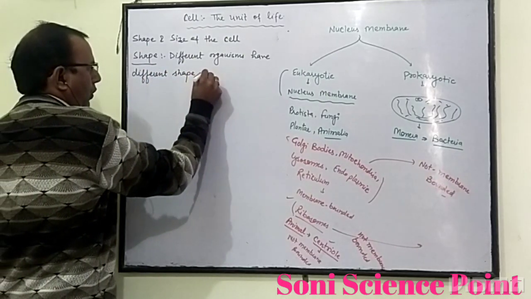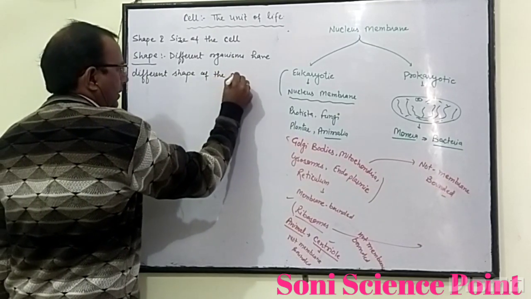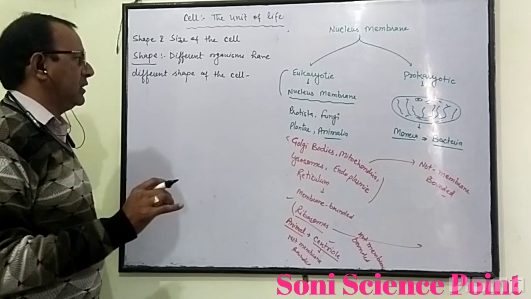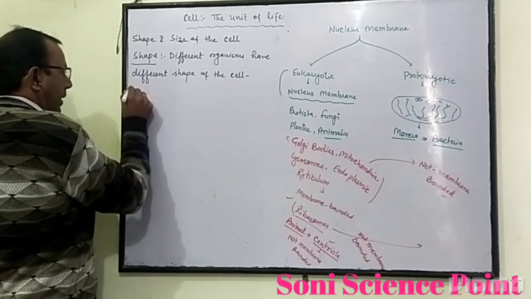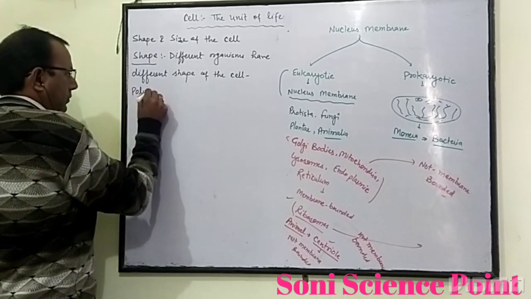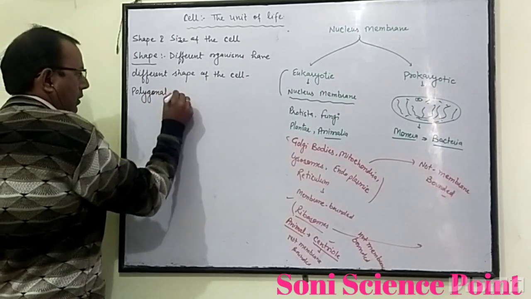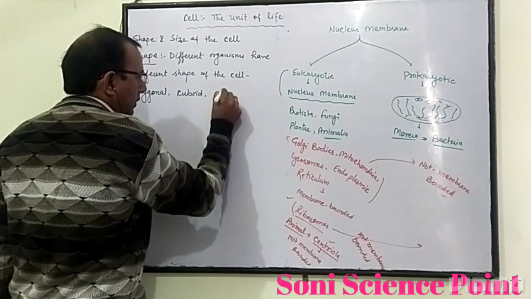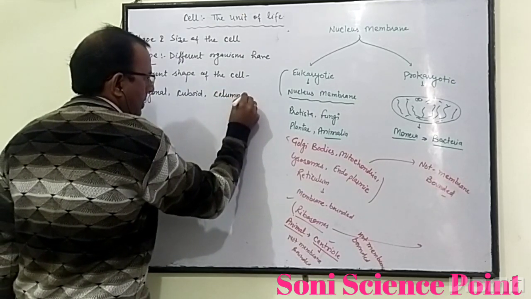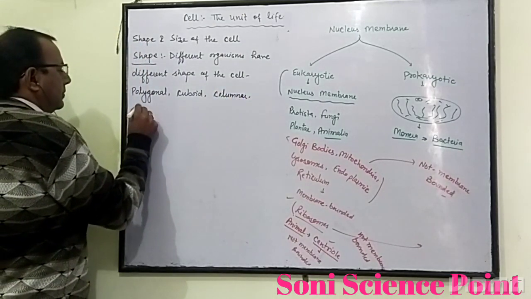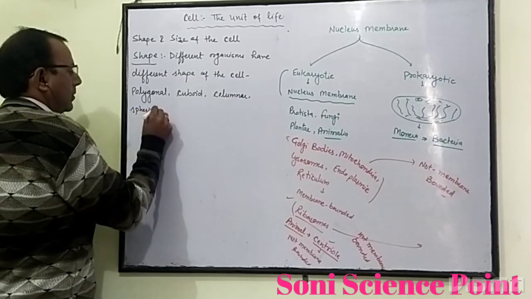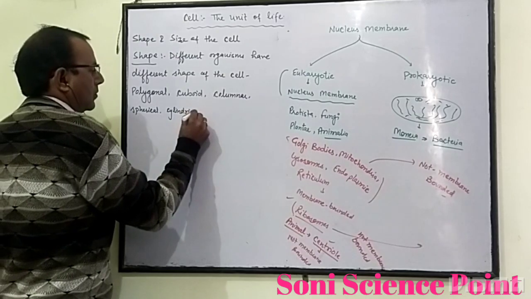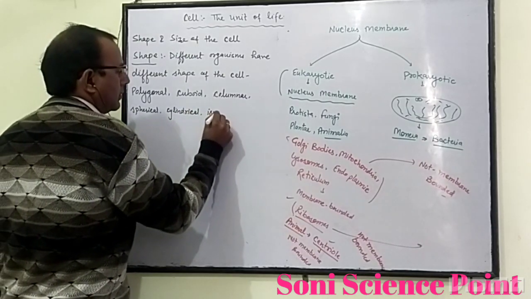So we can see that cells in different organisms have different shapes, such as polygonal, cuboid, columnar, spherical, cylindrical, irregular.